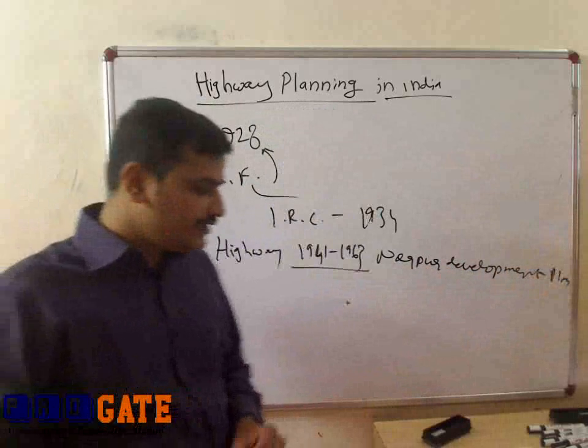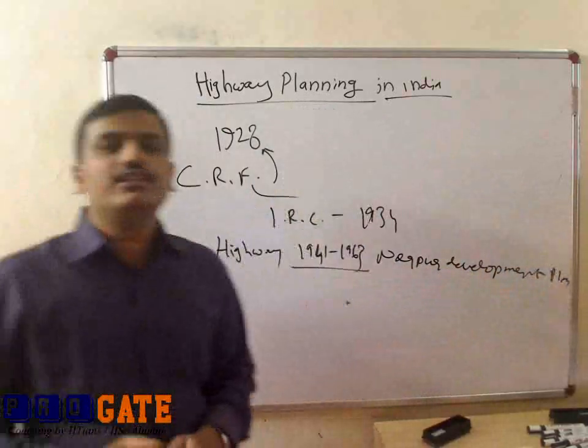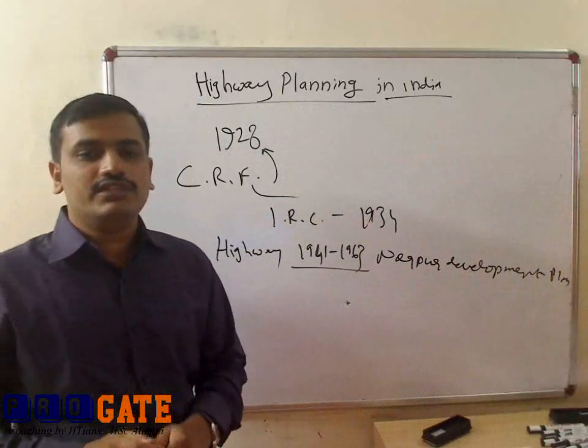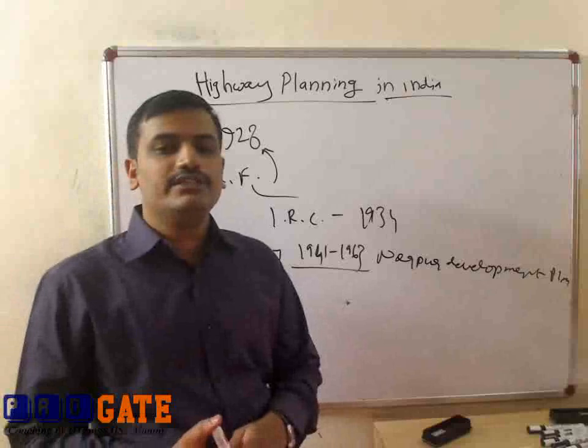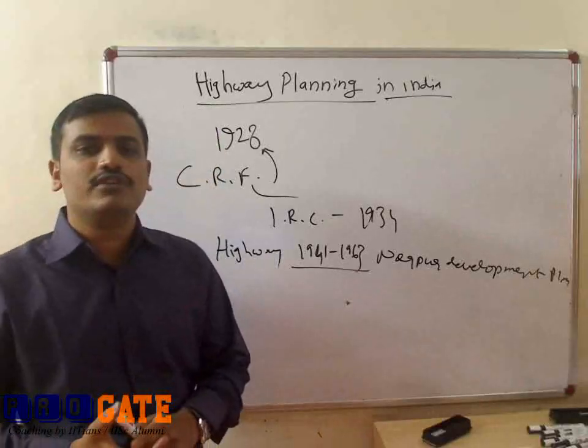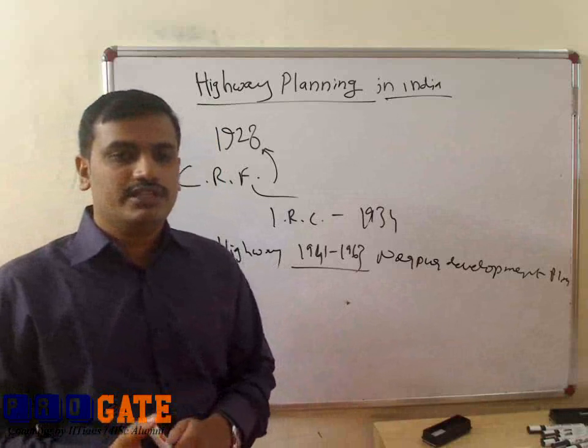The Nagpur Development Plan says that at the time of 1941, the highway length was 16 kilometers for every 100 square kilometers of area in India.